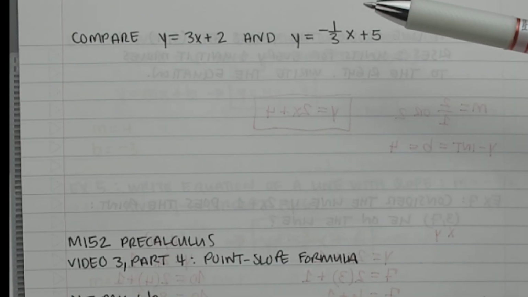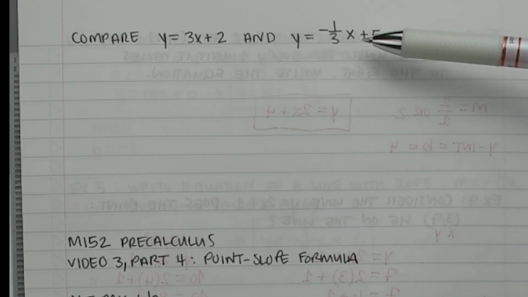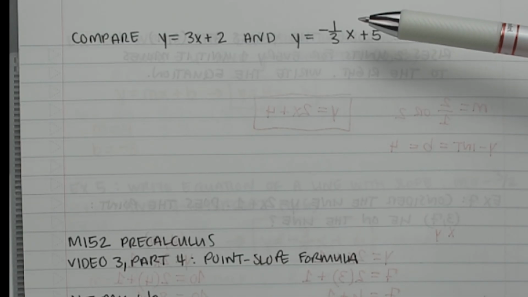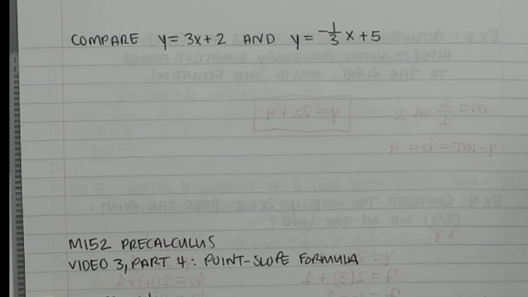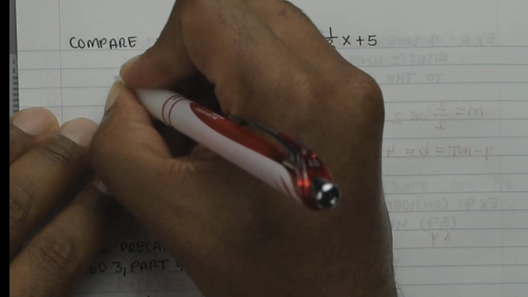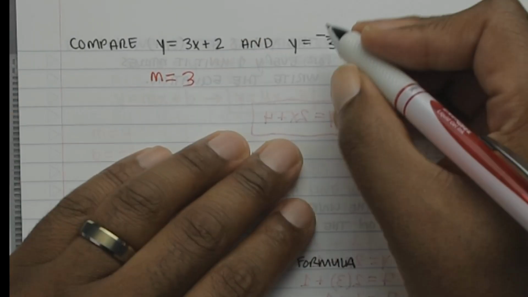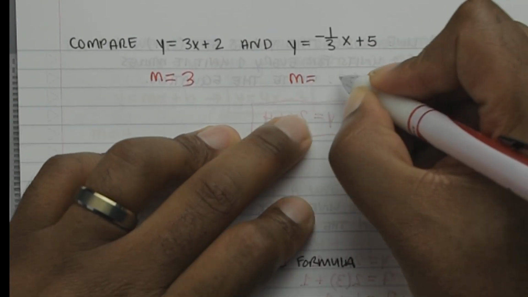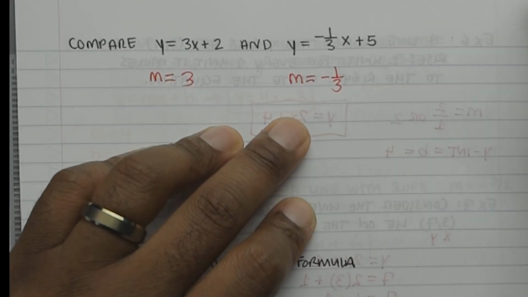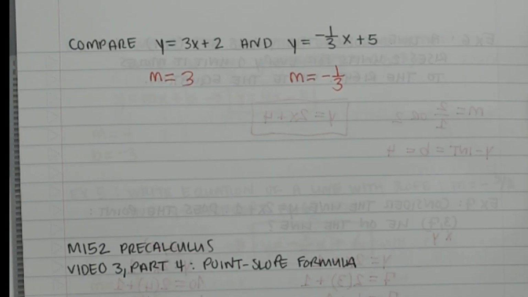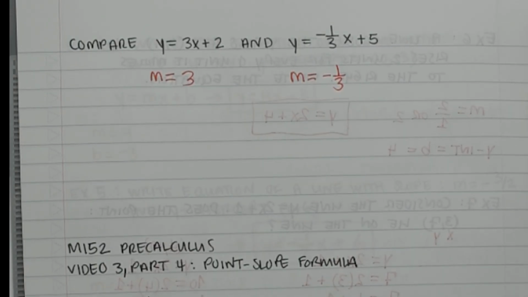Compare y equals 3x plus 2 and y equals negative 1/3 x plus 5. What relationship do you notice between the slopes? Well, you have this slope, which is m equals 3, and then you have this slope, which is m equals negative 1/3. What stands out? If you said that the slopes are negative reciprocals, you are absolutely correct.